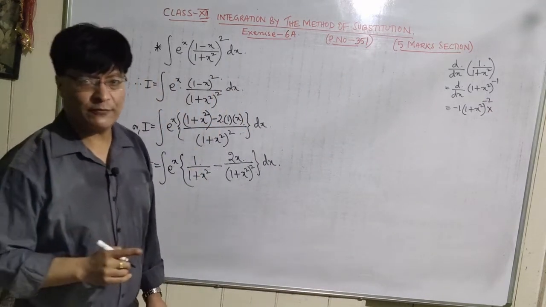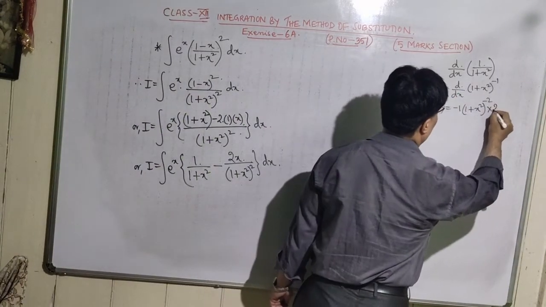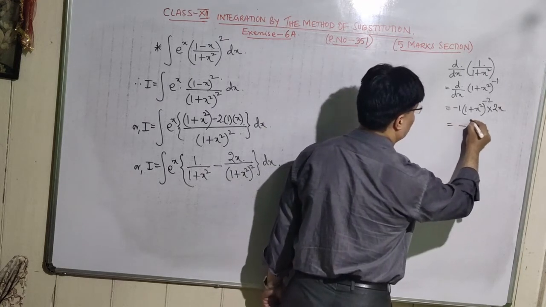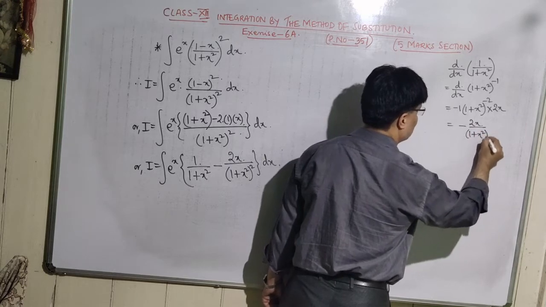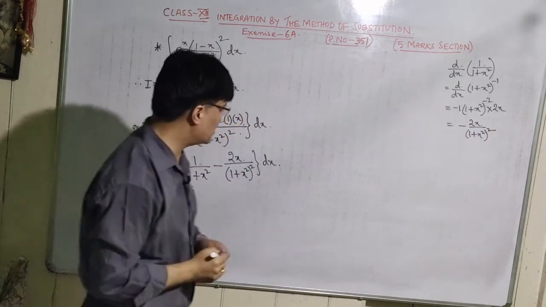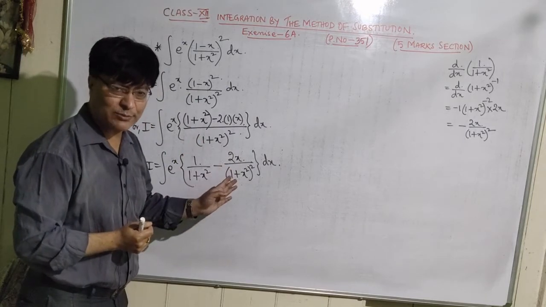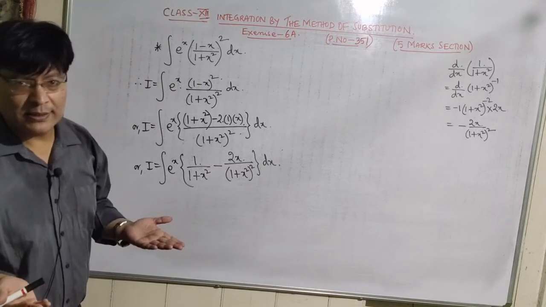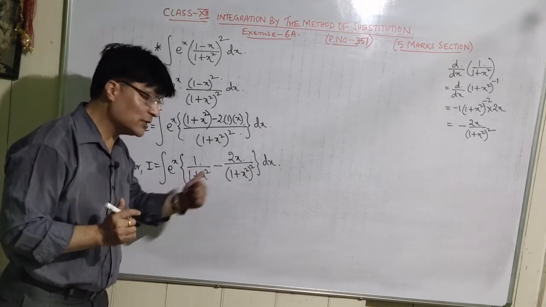You know differentiation of the function, isn't it? So what is the differentiation of 1 plus x square? It is 2x, right? So after simplification you will get minus 2x upon 1 plus x square whole square. That means we are getting the second term. Exactly, we are getting the second term, that is minus 2x upon 1 plus x square whole square. So I hope you have understood it. That is, differentiation of the first function is the second function.